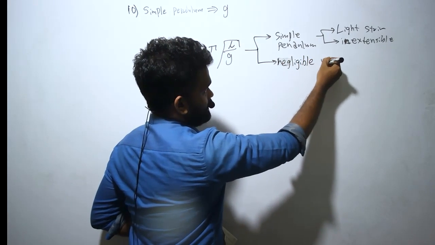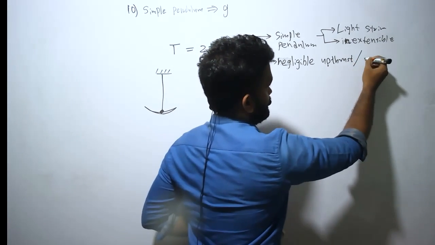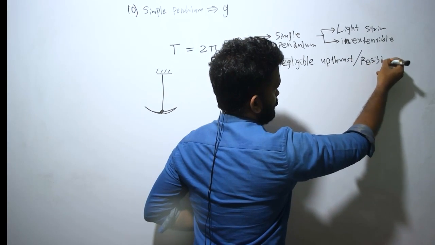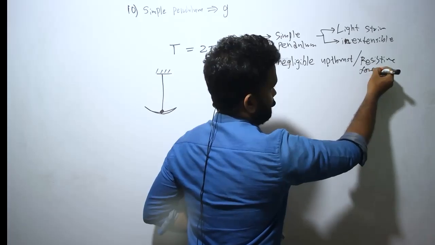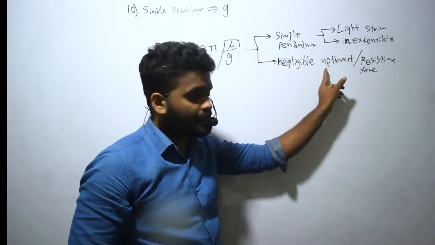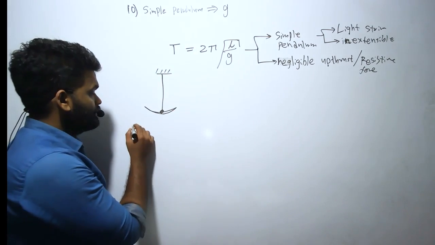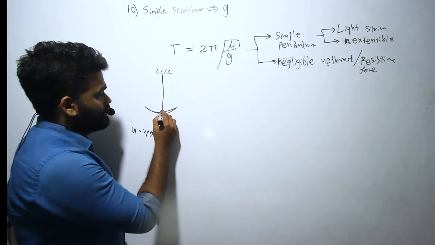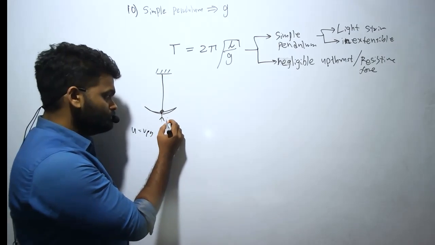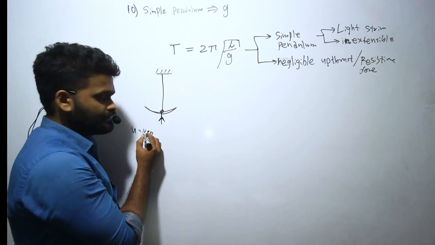Negligible upthrust and resistive force. Resistive force should be negligible, right? Upthrust also should be negligible. You know upthrust, U equals Vρg. We have to make sure that the upthrust is negligible.